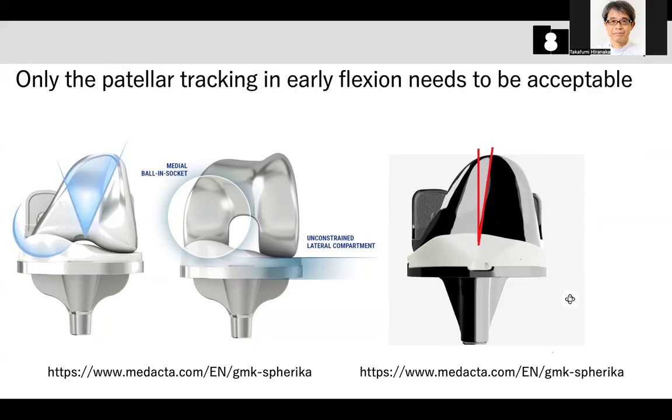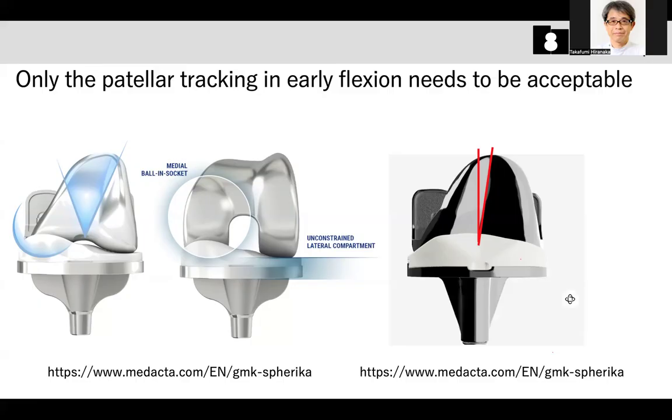So the concept is that variation of patella position can be accepted medially but restricted when the patella is lateralized. This angle is 20 degrees, very wide, so medial and lateral positions can be accepted.